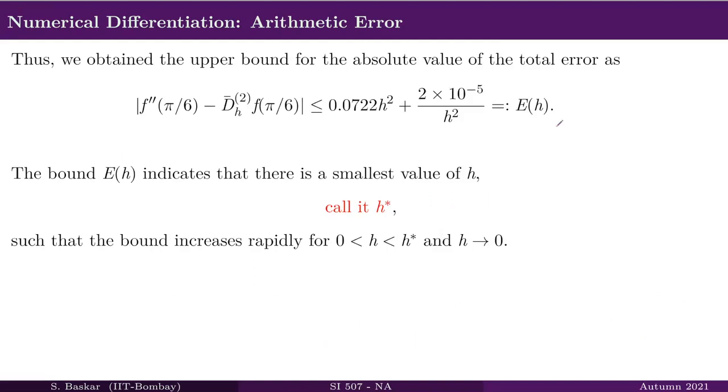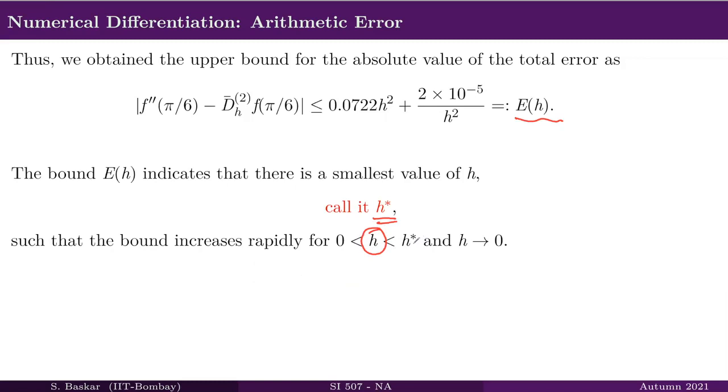And once you find that, then the bound e of h, that is the right-hand side, indicates that there is a small value of h, that is h star, such that the bound increases rapidly as you go on decreasing h beyond that h star. That is, if you go on taking h less than that h star, then you will tend to only increase the total error. Therefore, don't ever try to take a value of h which is less than that critical value.